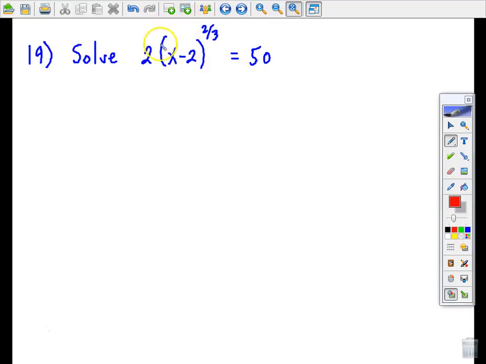You might not see it as a radical, but actually, if you were to take just this part of the equation, it's the cube root of x minus 2 squared. So it's really a radical, but it's written using a rational exponent. So this radical needs to be isolated. That means I've got to undo multiplying by 2 first.